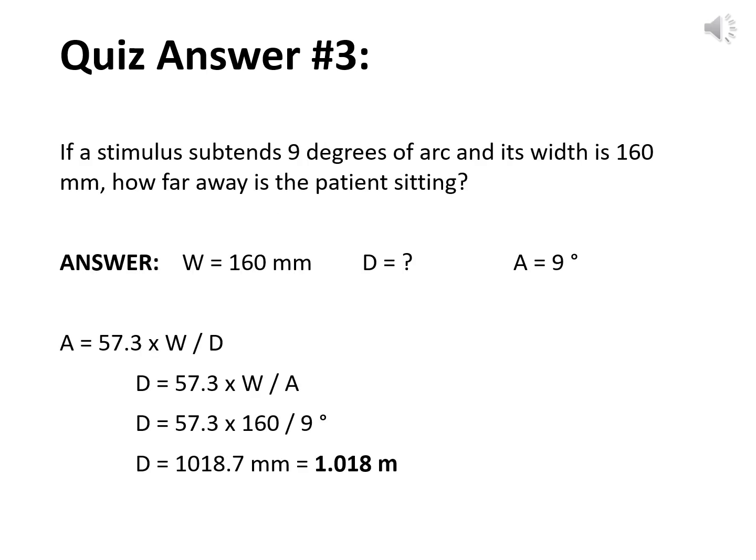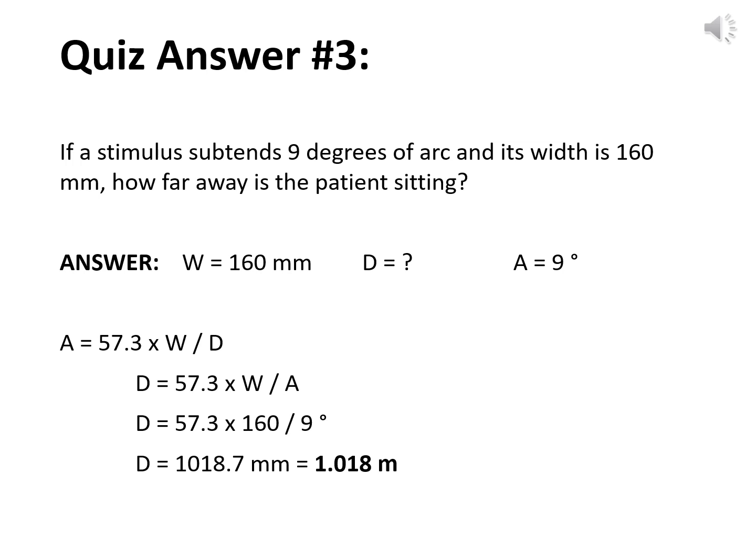Question number 3 asks, if a stimulus subtends 9 degrees of arc and its width is 160 millimeters, how far away is the patient sitting? We can use the same formula, we just have to manipulate the variables so we can find out what the distance, or D, is.